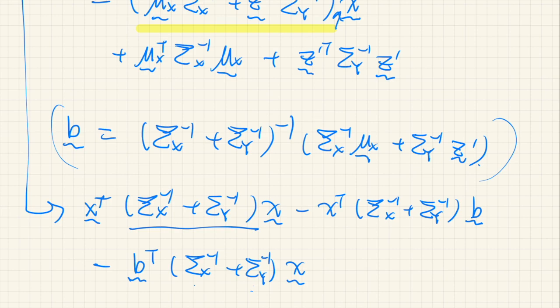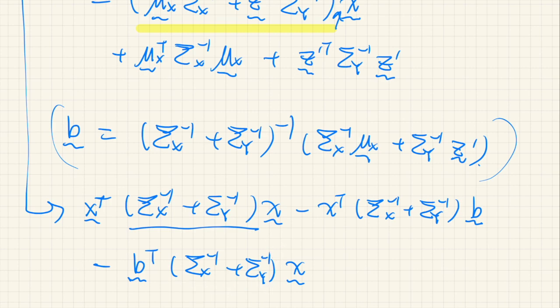By the way, sigma x and sigma y are variance covariance matrices, so they are symmetric. Therefore, their inverses are also symmetric, and therefore their sum is also symmetric. So this is a symmetric matrix, and therefore we can omit this transpose sign here.